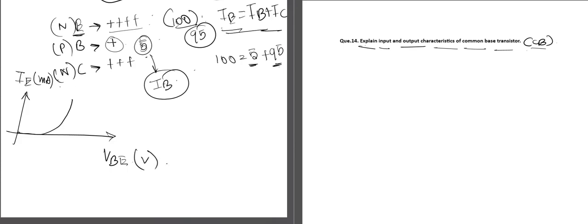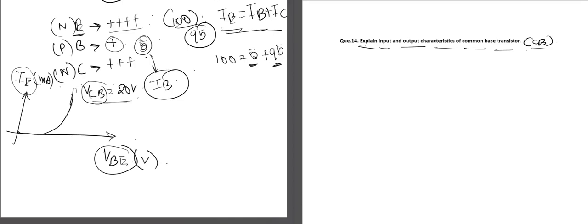Suppose here the value of V_CB is equal to 20 volt. As we have said, the collector base terminal is always reverse biased. This is the input current, this is the input voltage, and this is the output voltage, which is a parameter used for defining the curves.